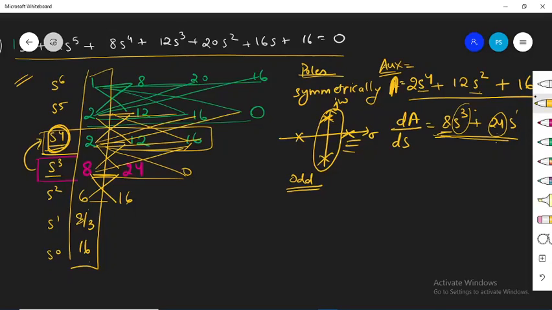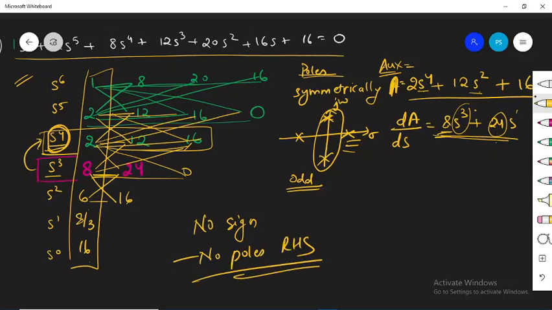So these are the values that you are getting in the first column of the Routh array. कोई भी value positive से negative, negative से positive ऐसा कहीं नहीं हो रहा है, कोई sign change नहीं है. Hence we can conclude no sign change, मतलब no poles on the right hand side.